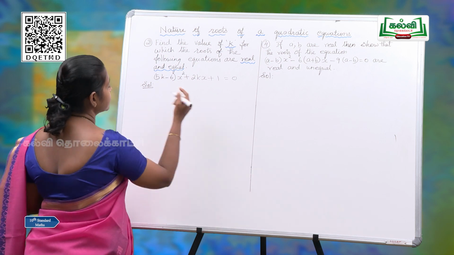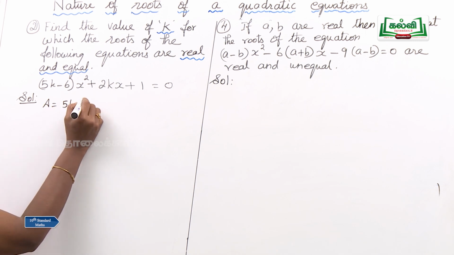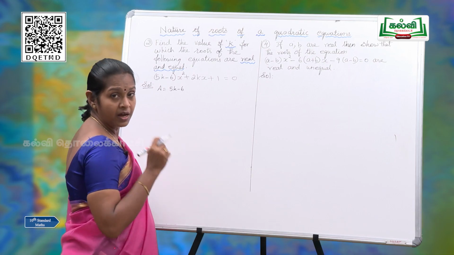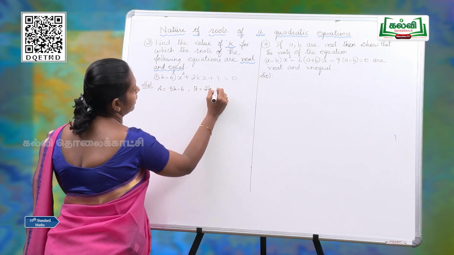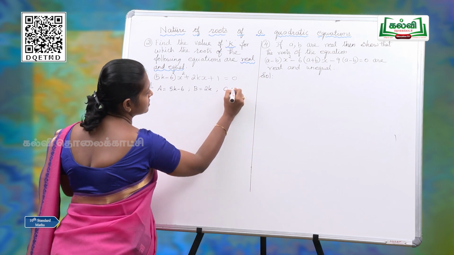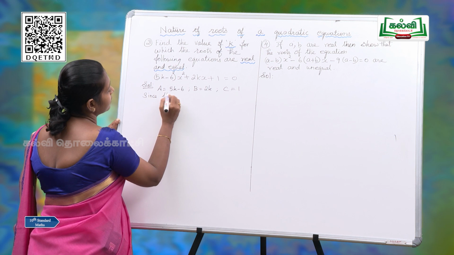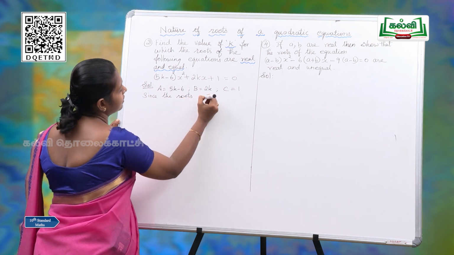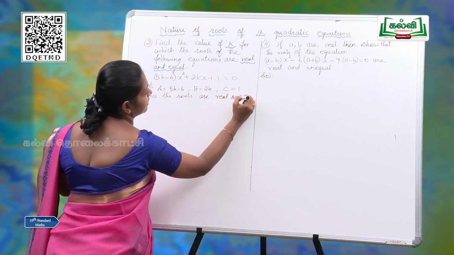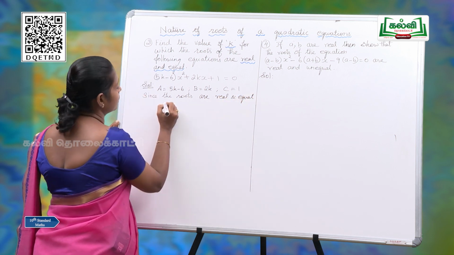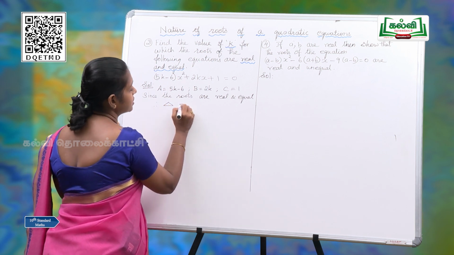Now, listen. As usual, you know what is a? Coefficient of x squared, that means 5k minus 6. And what is b? 2k. Next, what is c? Since the roots are real and equal, definitely delta is equal to 0.